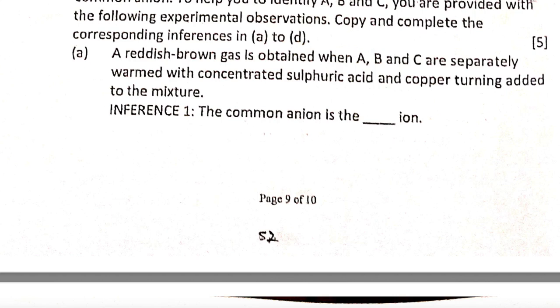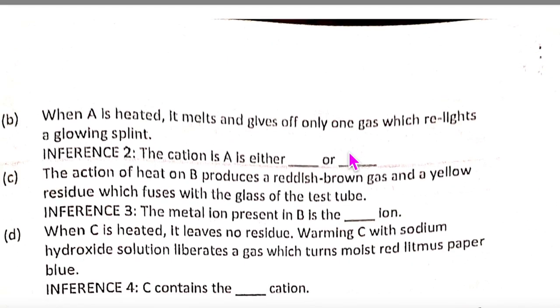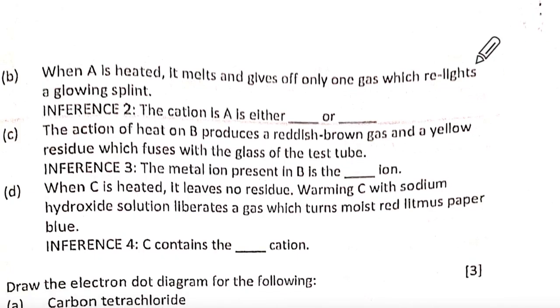Okay, but remember all the nitrates' decomposition. I have given you the list of nitrates. The one that gives only one gas, oxygen, which lights the glowing splinter, will be KNO3 or NaNO3. Where did I tell you to write the decompositions of all these nitrates?